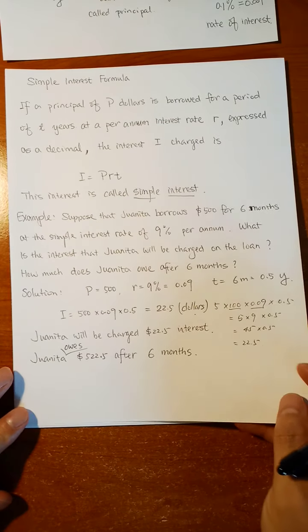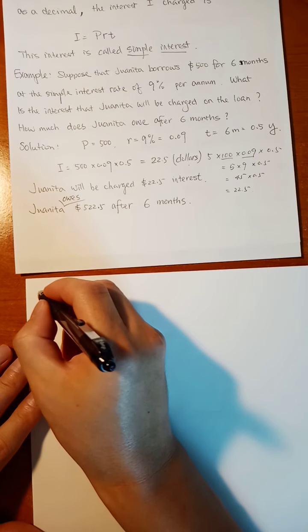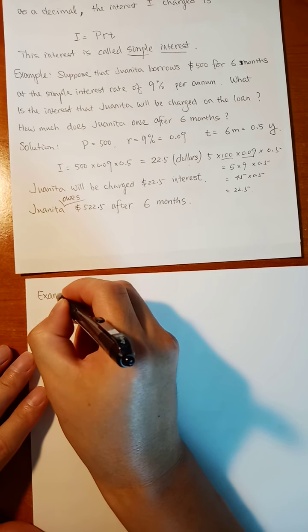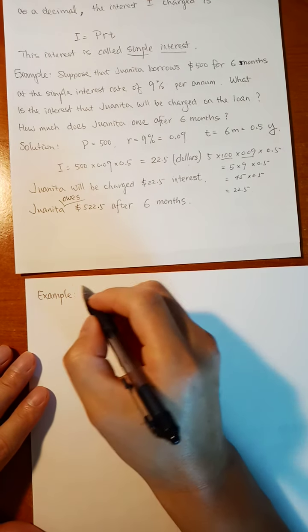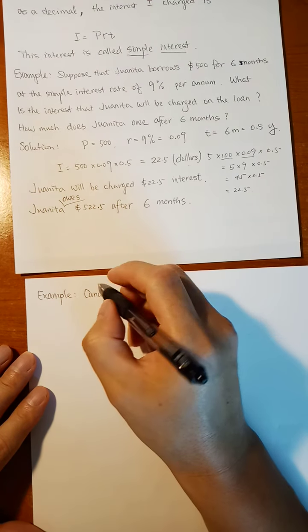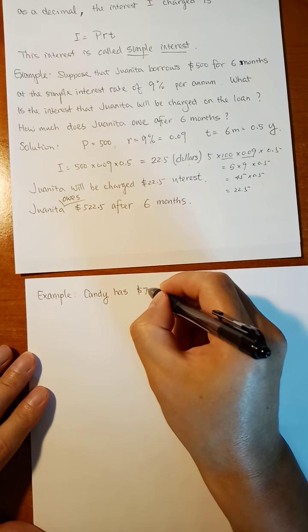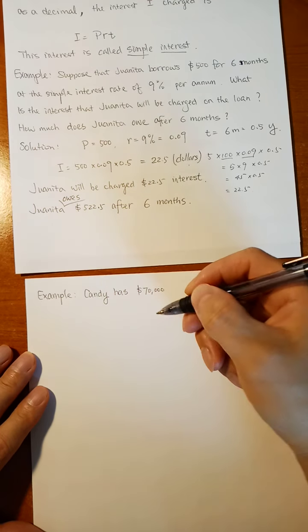And the second problem, let's see the investment. Okay, Candy. Candy has $70,000. She's very rich.